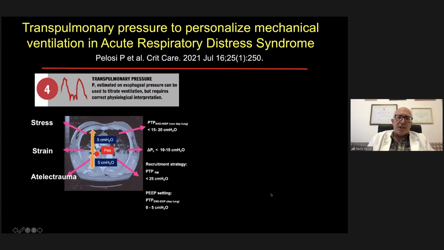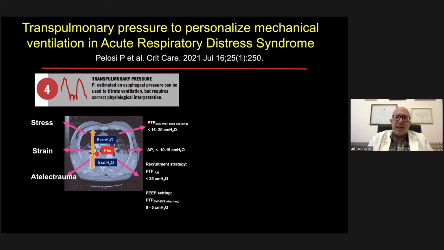And we have to consider that this pressure should represent the amount of pressure in the pleura at the same level. However, if we consider the pleural pressure in the non-dependent part of the lung, this should be corrected for 5 centimeters of water less, while in the most dependent part should be corrected for 5 centimeters of water more.